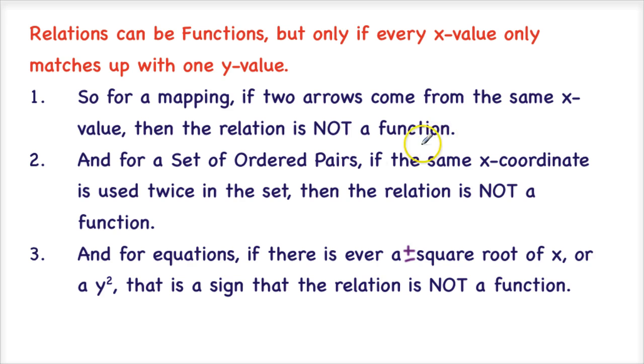Otherwise it is. If we have sets of ordered pairs and we see the same x coordinate used twice in the set, then that relation is not a function. Otherwise it is. And for equations, if we ever see the positive negative square root of x, or something like a y squared, that's usually a sign that we don't have a function. So let's look at a couple examples of each.